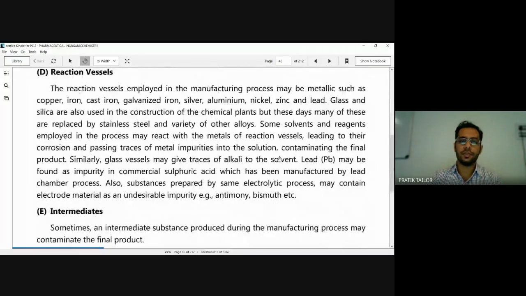Reaction vessels: many times your chemical reaction may be done in metallic vessels like copper, iron. For heating purposes or any other purpose, you are using vessels made of metal, and this metal may come up in your product even if you are using it for processing purposes. Then also your reaction vessel may give you the impurity.